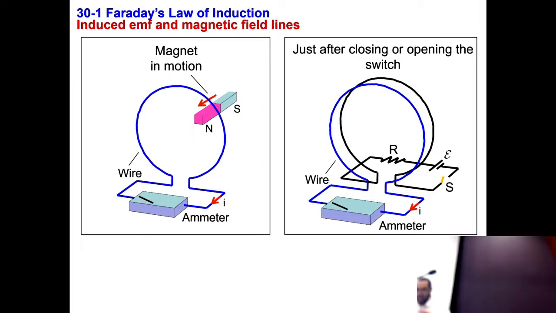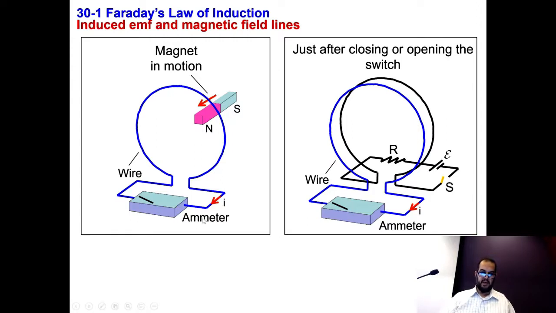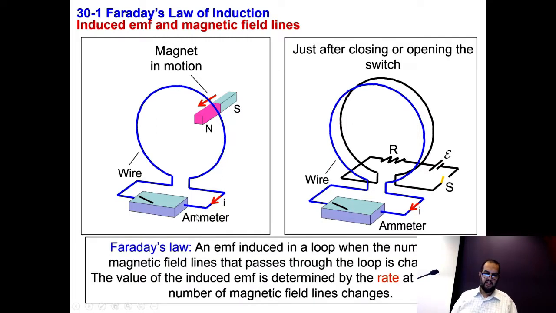Faraday's law says an EMF is induced in a loop when the number of magnetic field lines that pass through the loop is changing, meaning the magnetic flux is changing. The value of the induced EMF is determined by the rate at which the number of magnetic field lines changes.